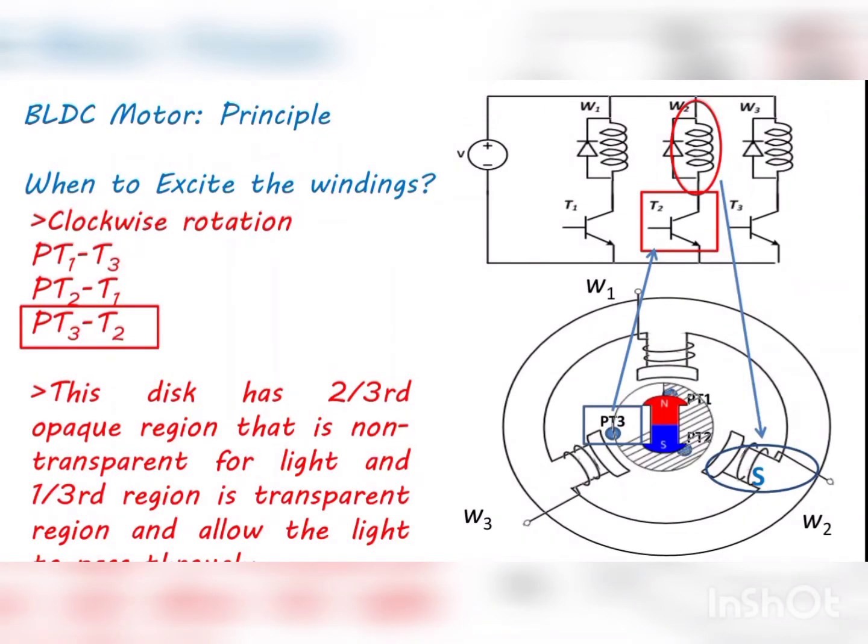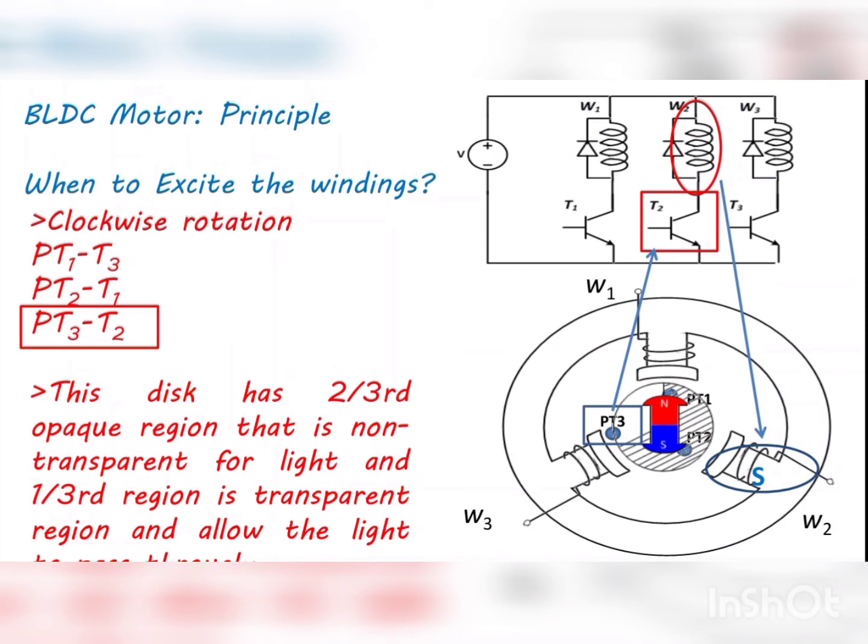The rotor of the BLDC motor is attached to a special disc as shown here. This disc has two regions: an opaque region that is non-transparent to light, and one transparent region that allows the light to pass through.